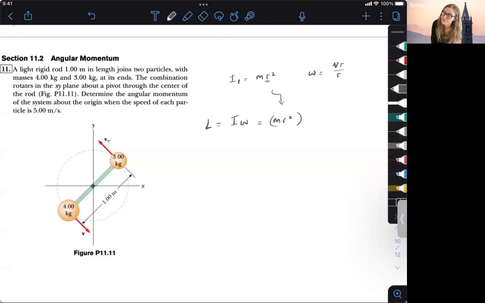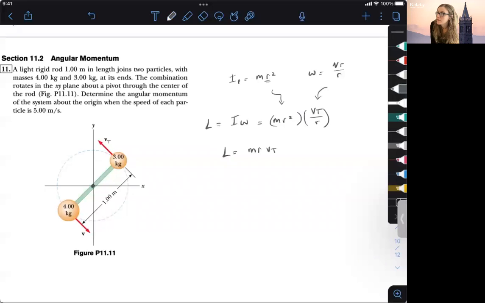So we can do v_t over r, subbing that in for omega. Then we get this expression we'll see commonly for angular momentum of point masses rotating about a fixed point, and we can simplify that to m r times the tangent velocity, the velocity that would be causing the rotation.